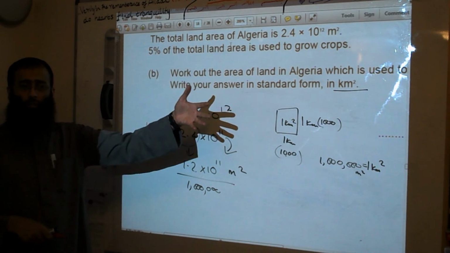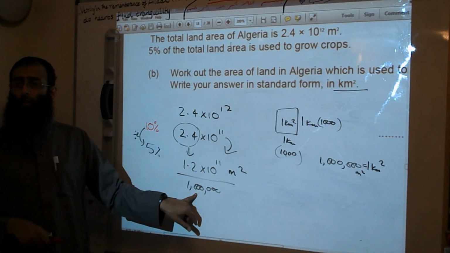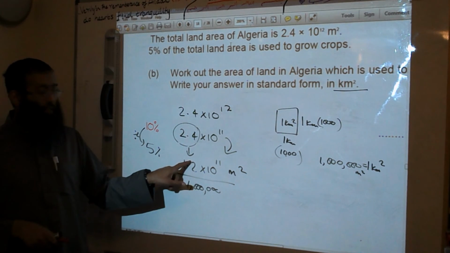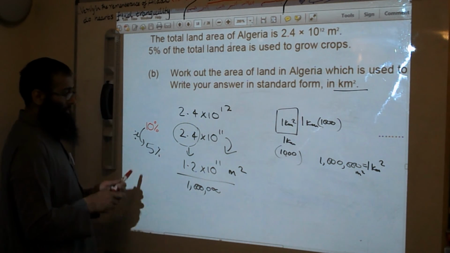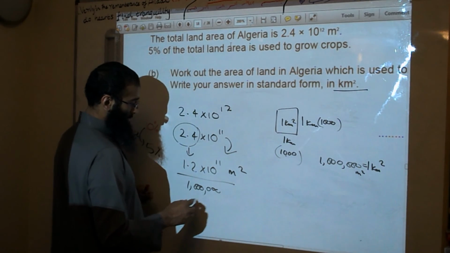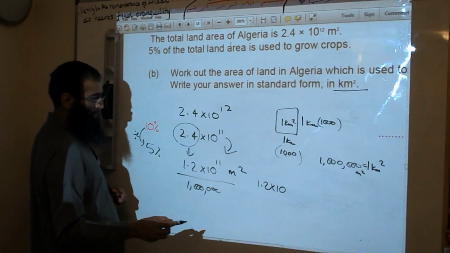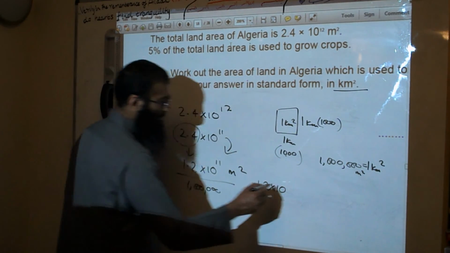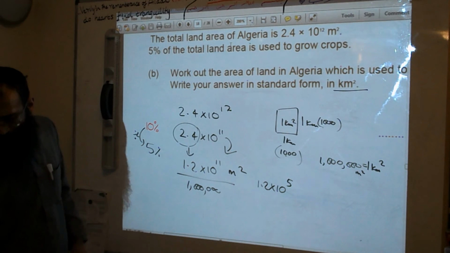So the 10 zeros minus the 6 zeros leaves you with 4 zeros, and then you add the 1 jump away, that's 5 altogether. So the answer will now be 1.2 times 10 to the power of 5.